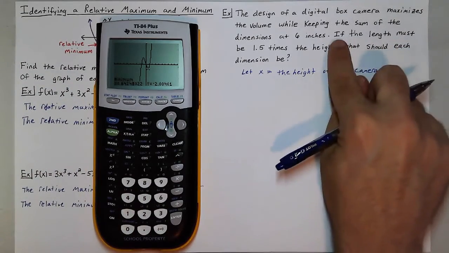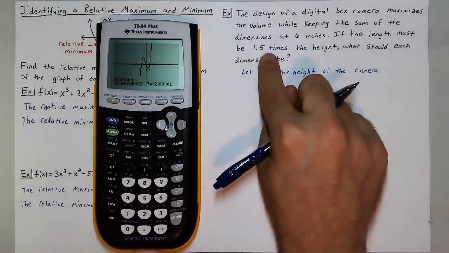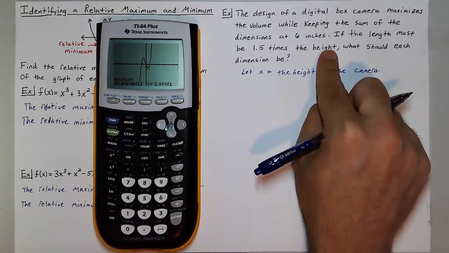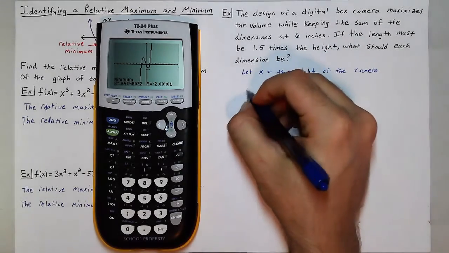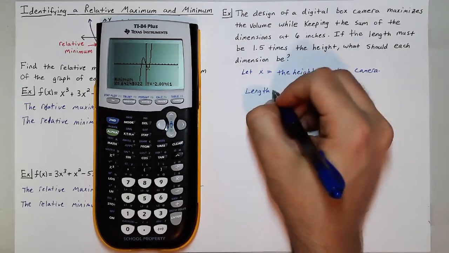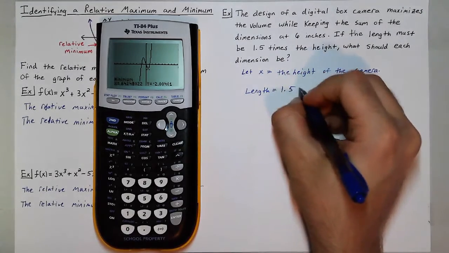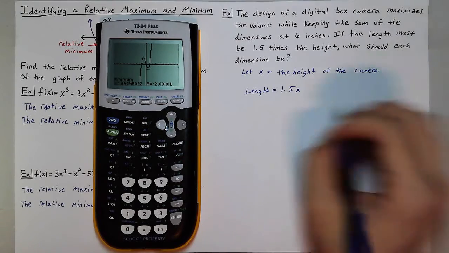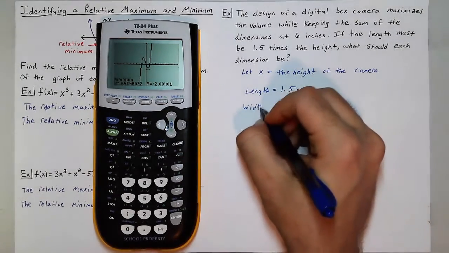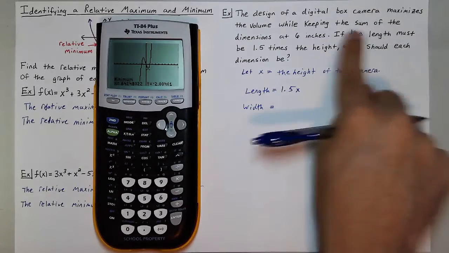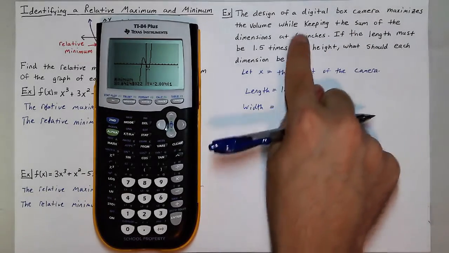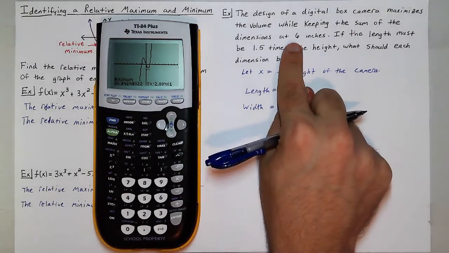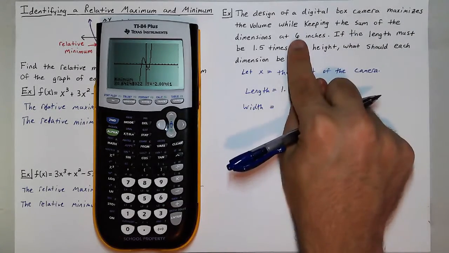Now, following the statement, the length must be 1.5 times the height. So the length will equal 1.5 times x. And the width isn't given in that statement, but we do know that in total all of the dimensions should add up to 6.